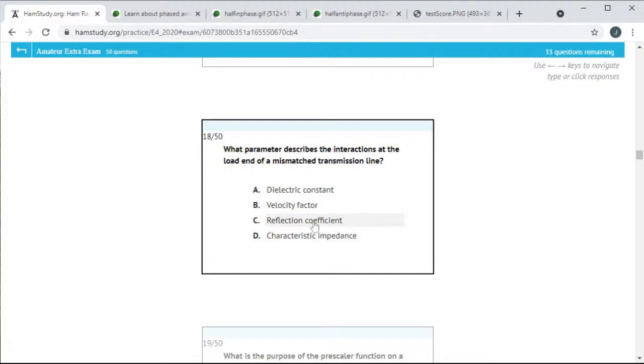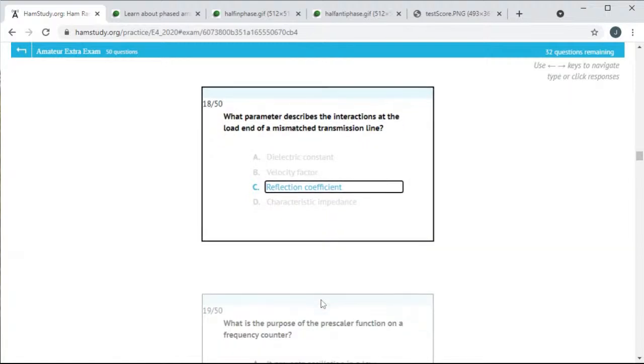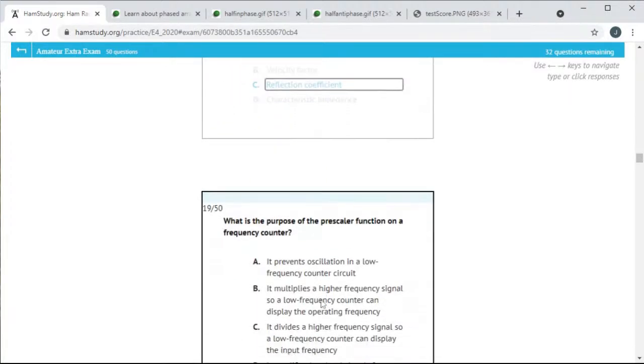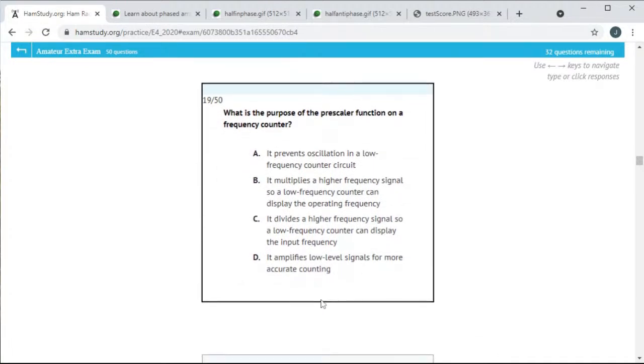I'm going to go with, it's a mismatch and it's the load end, which is the side with the antenna. I'm going to go with the reflection coefficient because it's where the energy would be reflected back when it doesn't match.